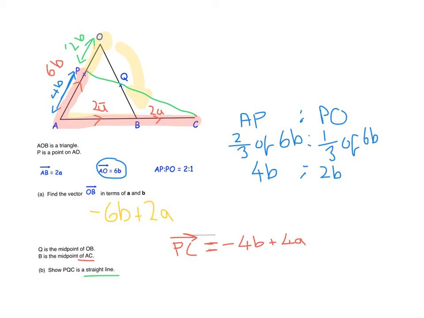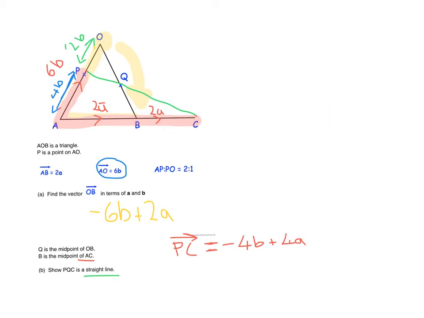I also need to know if QC is on a straight line, so if they're scalar multiples. So earlier we found what OB was, and we found that it was minus 6b plus 2a.